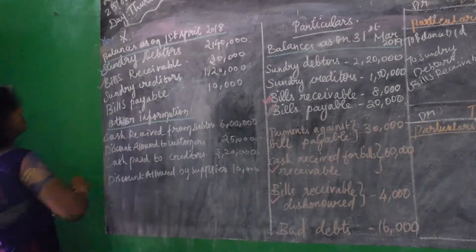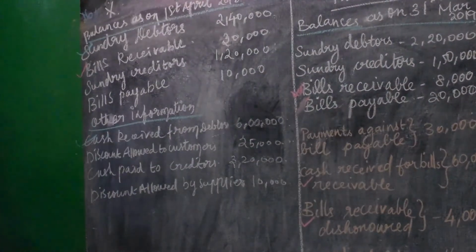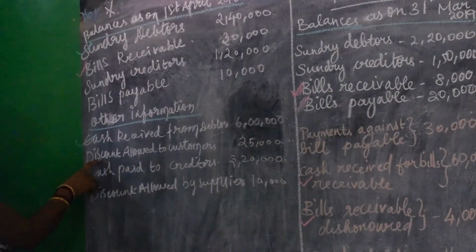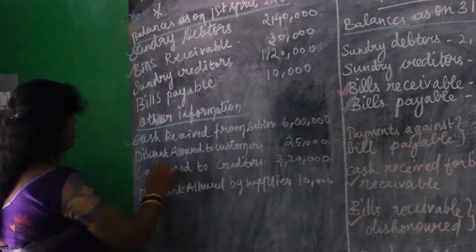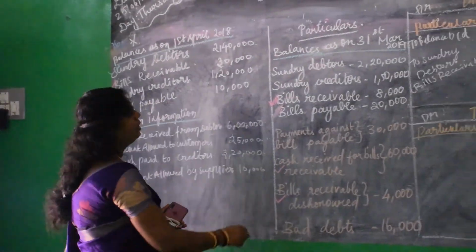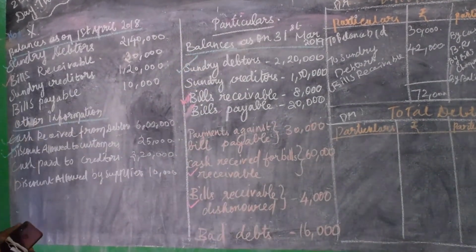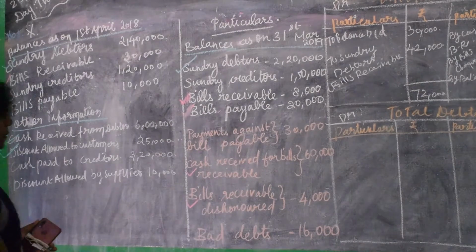Sundry debitors. Then sundry debitors, discount allowed to customers, take it out. Then sundry debitors closing. Then next bad debts.